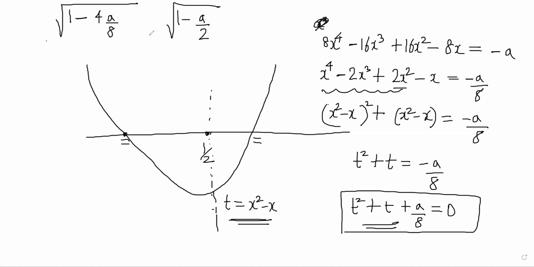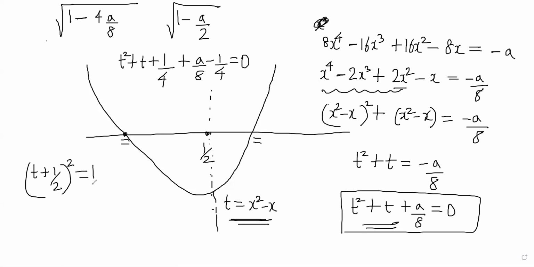Or we could have done it by completing the square on t square plus t plus 1 by 4 plus a by 8 minus 1 by 4 equals 0. This is t plus half whole square is equal to 1 by 4 minus a by 8.